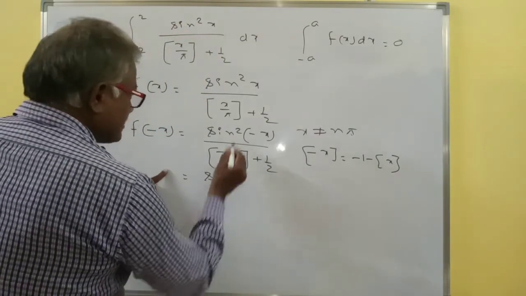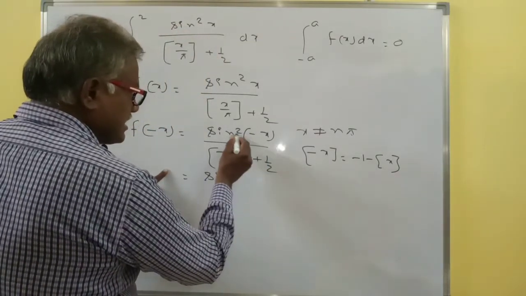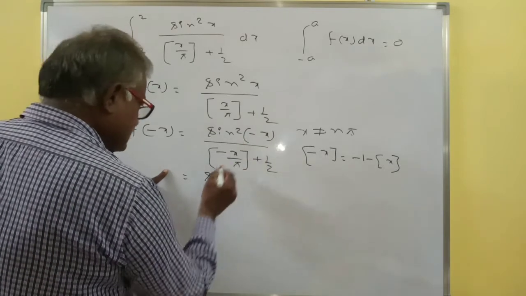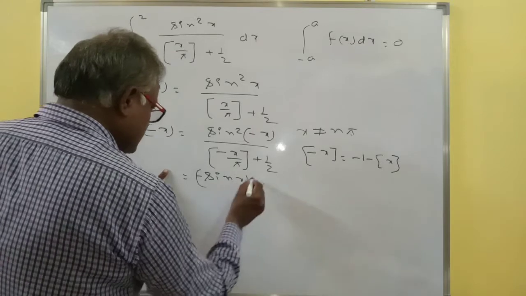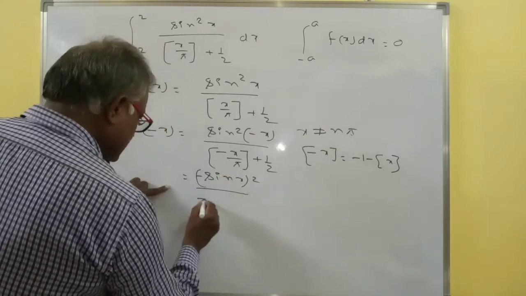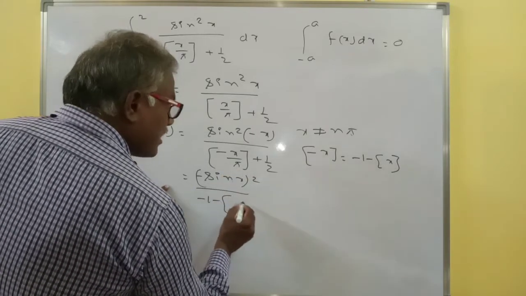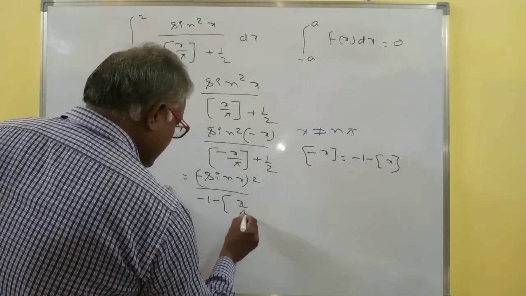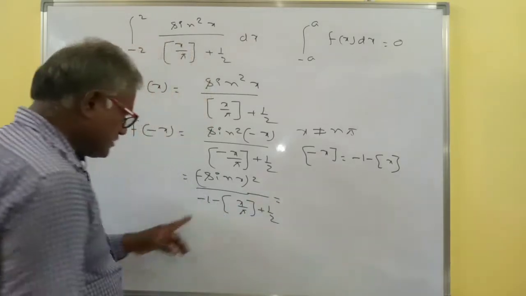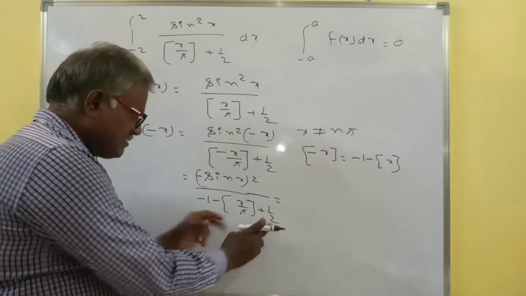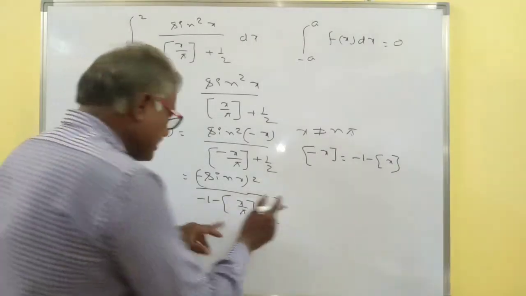So sin square minus x: sin of minus x is equal to minus sin x, so minus sin x whole square. Here this is nothing but minus 1 minus step of x by pi plus 1 by 2. Minus 1 plus 1 by 2 gives minus 1 by 2.